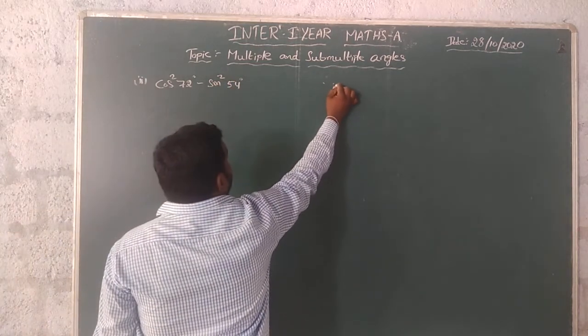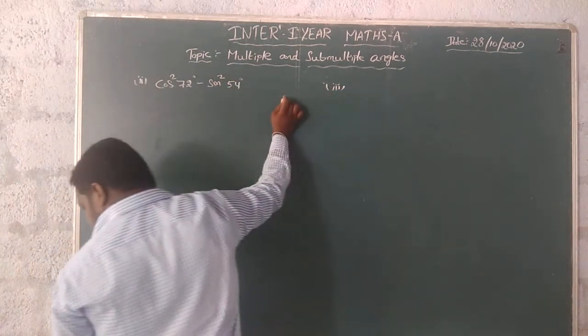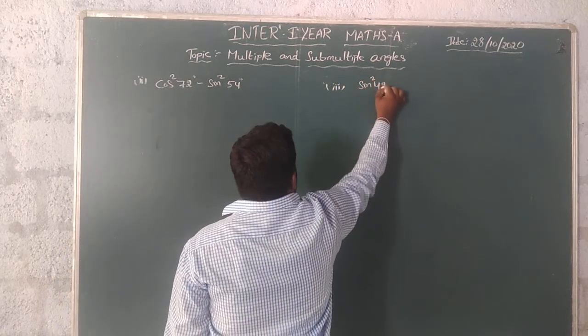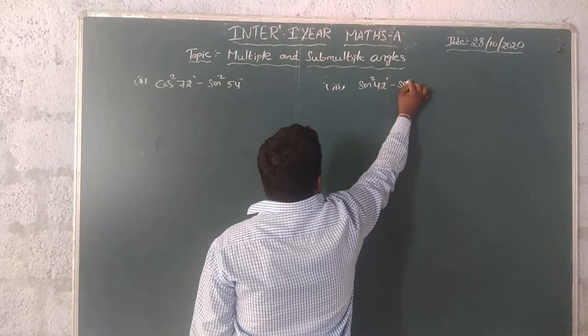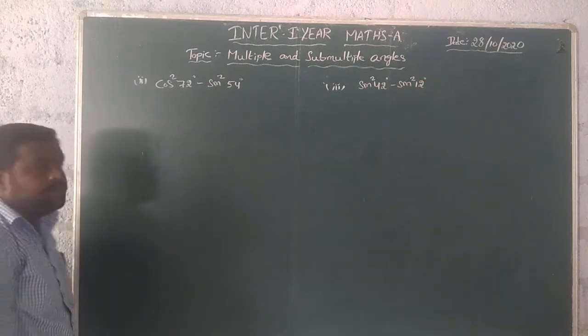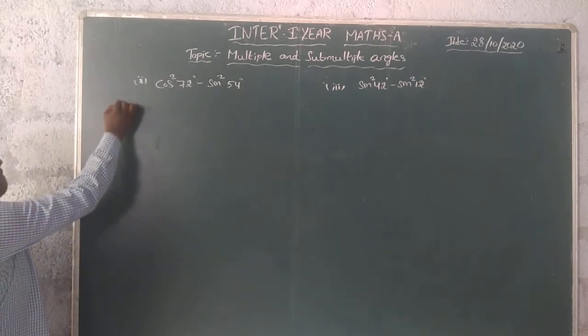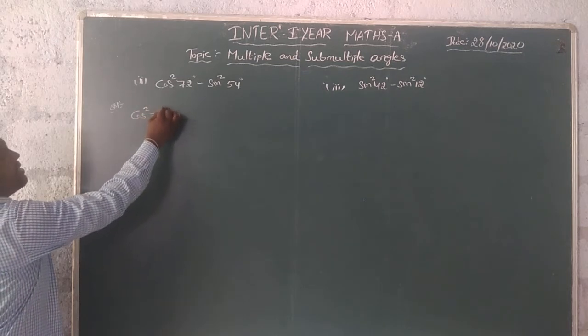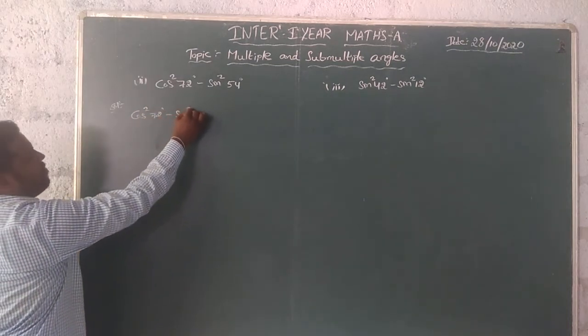Third one: sin square 42 degrees minus sin square 12 degrees. So second one, cos square 72 degrees minus sin square 54 degrees.